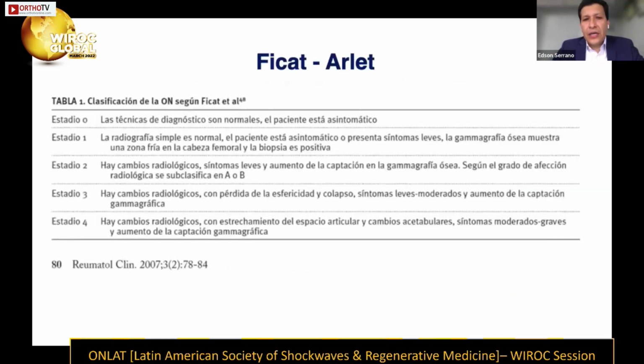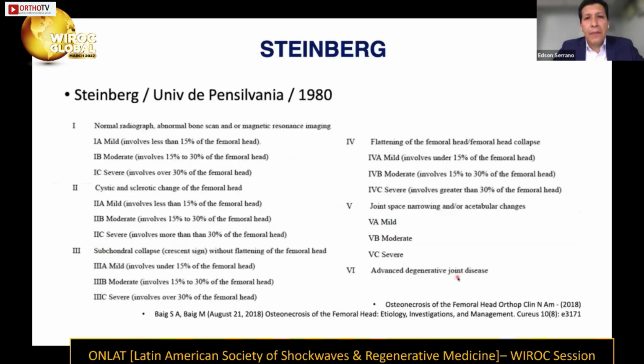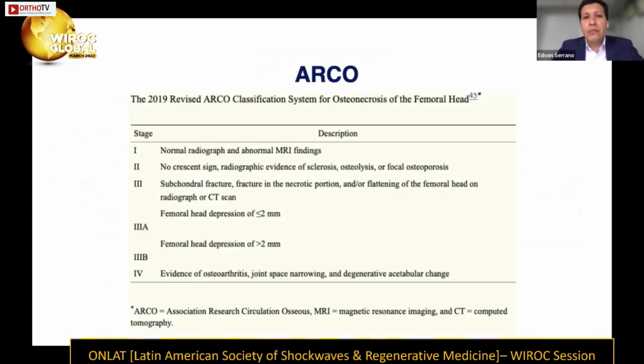There are many classifications. Ficat-Arlet was one, Steinberg, and ARCO is the most important and most used at this moment. The ARCO classification was reviewed in 2019, classified in 4 stages. Stages 1 and 2 don't have collapse.